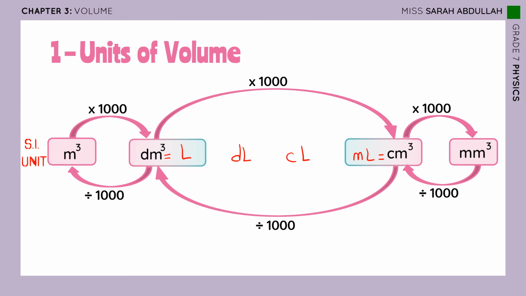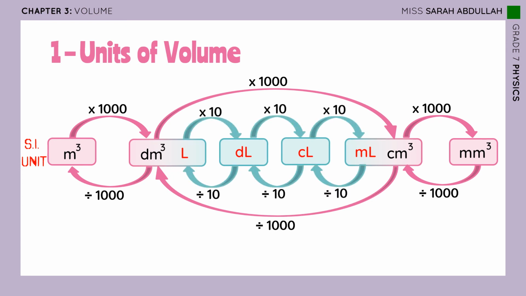For me to go from liter or from decimeter cube to deciliter, I multiply by 10, and then I multiply by 10, and I multiply by 10. And if you notice, going from decimeter cube to centimeter cube, we multiply by 1,000, which is 10 times 10 times 10. It's as if we're taking 3 small steps or one big step. So let me introduce the units in between these two, and this is how we convert.